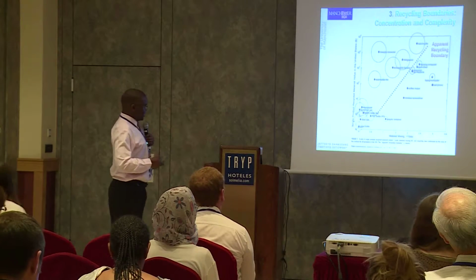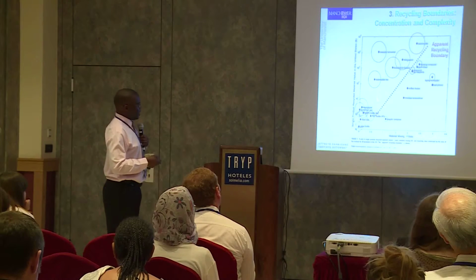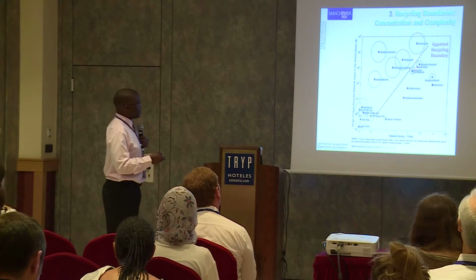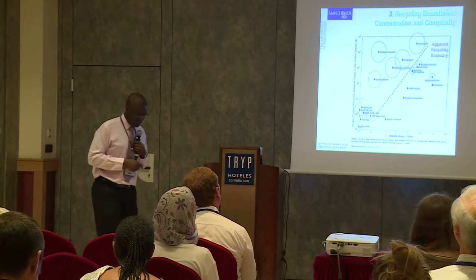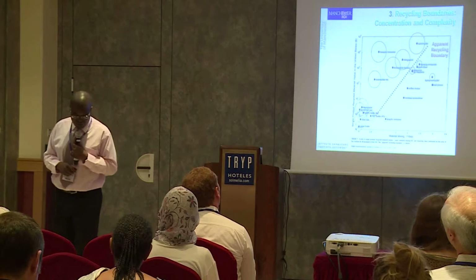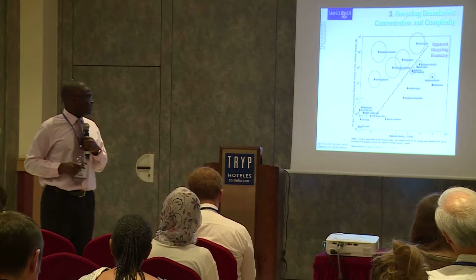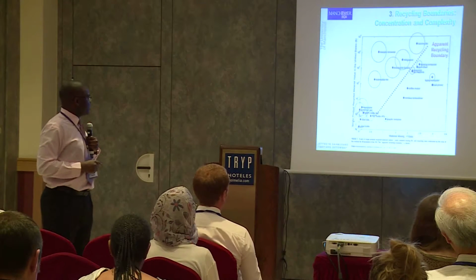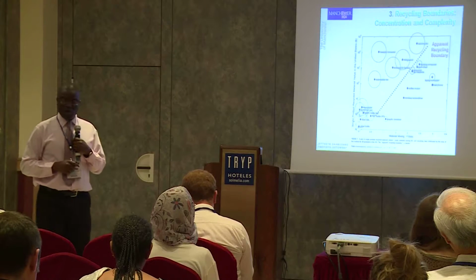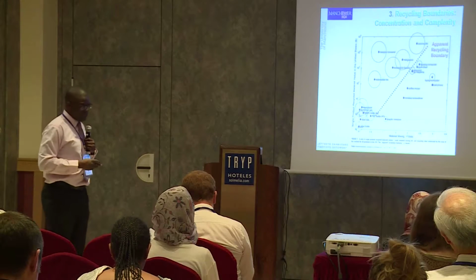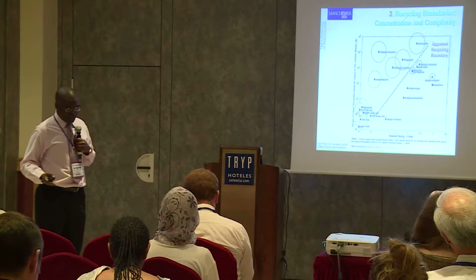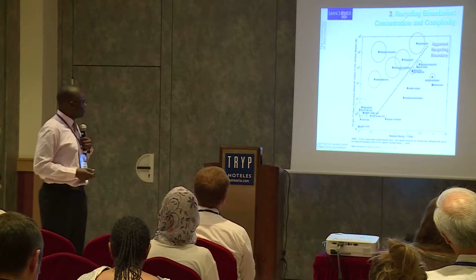The second factor that affects recycling is captured by this diagram here, which we call the recycling boundaries. The initial concept was developed by a chap called Sheld, who looked at the concentration of ore and postulated that it's more economical to mine something if it's of high concentration.